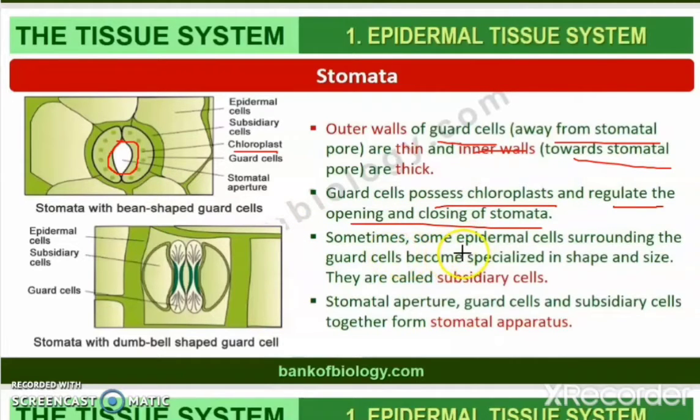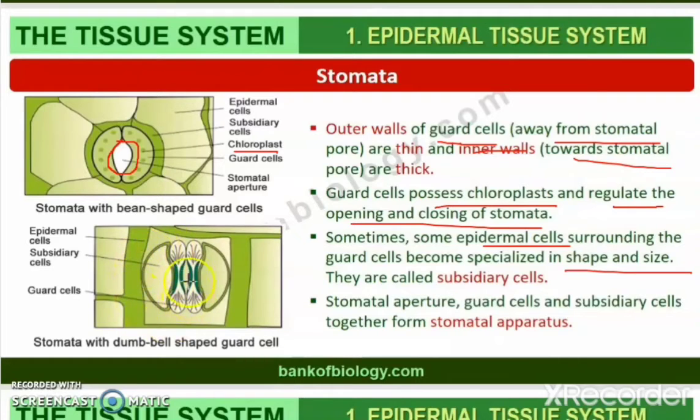And sometimes some of the dermal cells surrounding the guard cell become specialized in shape and size, and they are called subsidiary cells. Sometimes, not in all plants, we are able to find that the epidermal cells surrounding the guard cells become specialized in shape and size.